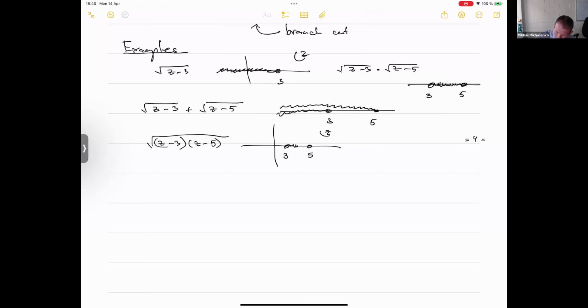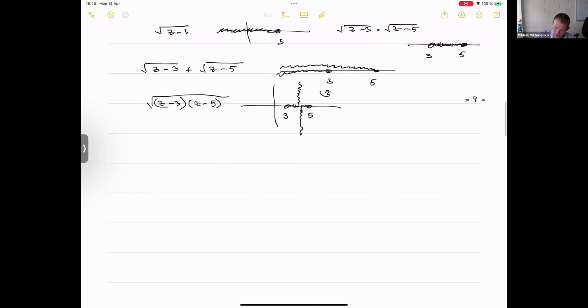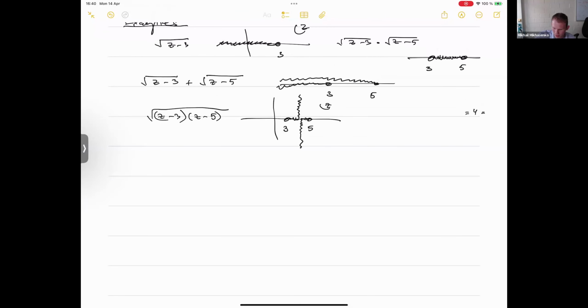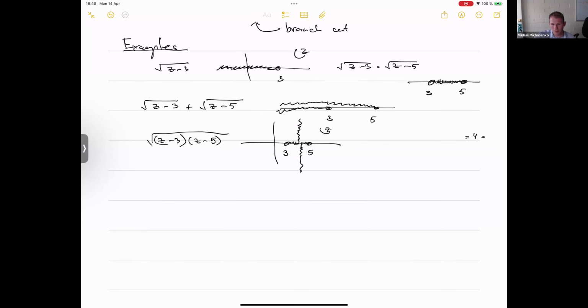The cut is not connecting two points, but it has this shape. And that happens because essentially one needs to see where the argument of the expression under the square root crosses pi or minus pi, and that's what determines numerically where the cut is located.